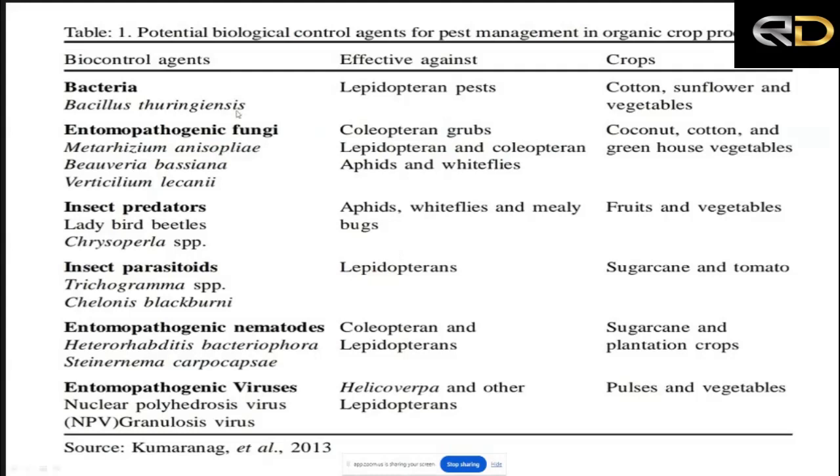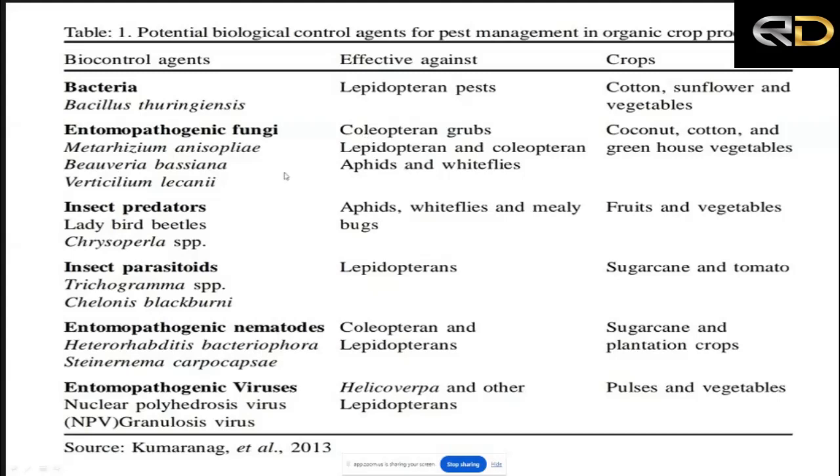It is effective against Lepidopteran pests, which are found in cotton, sunflower and vegetables. Then entomopathogenic fungi are certain groups of fungus which cause disease in insects like Coleopteran grubs, aphids, whiteflies and Lepidopteran pests. Wherever we have these pests, we can apply Metarhizium anisopliae and Beauveria bassiana. These are effective against Coleopteran and Lepidopteran pests.